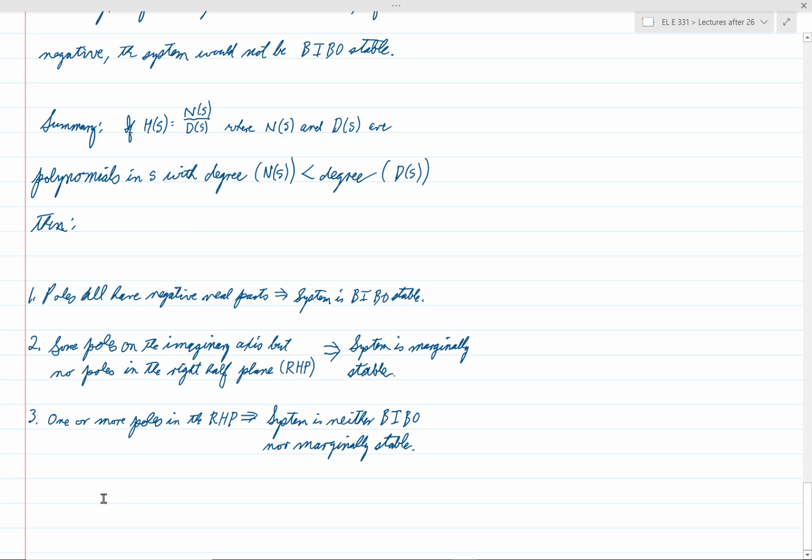And finally, if one or more poles are in the right half plane, in other words, even a single pole that has a positive real part, then the system is neither BIBO nor marginally stable. So that is a little more review of stability, and we have introduced this new term of marginal stability.